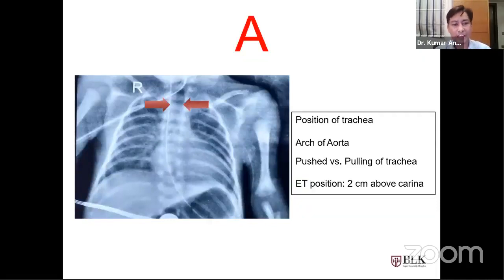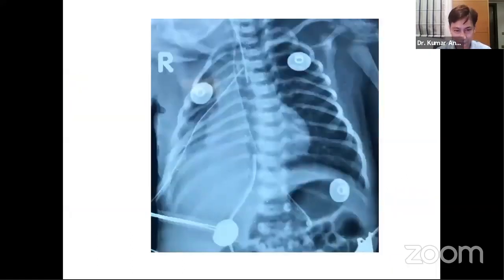For airway, we have to look at the position of the trachea. We know that the trachea should be in the central position, and sometimes it is slightly deviated towards the right side. If the X-ray is not rotated and the trachea is shifted towards the left side, that could be pathological, because of a right thoracic arch of the aorta. Sometimes collapse, consolidation, effusion, and air leak can change the position of the trachea, either by pushing or pulling it.